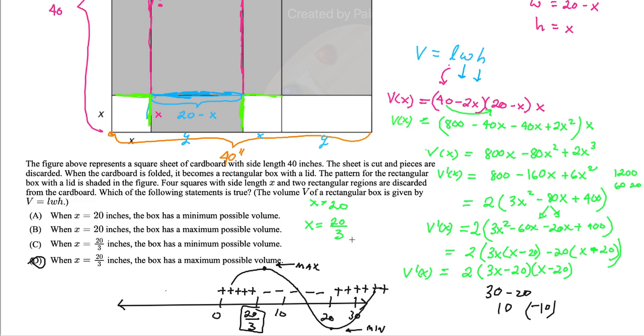The minimum possible volume, though. Why is this one not true? This minimum is only going to be a relative minimum. It's not going to be an absolute minimum.